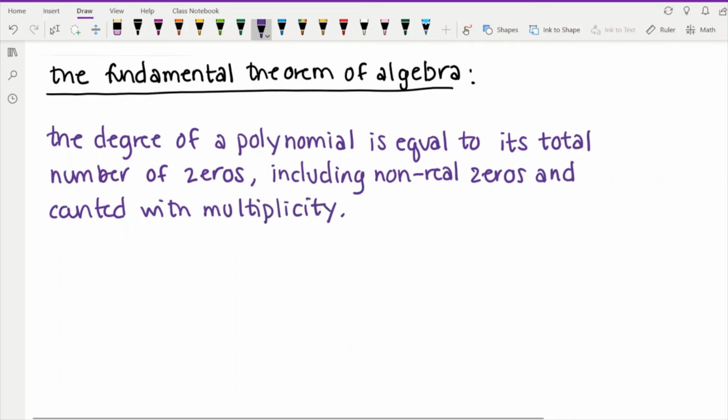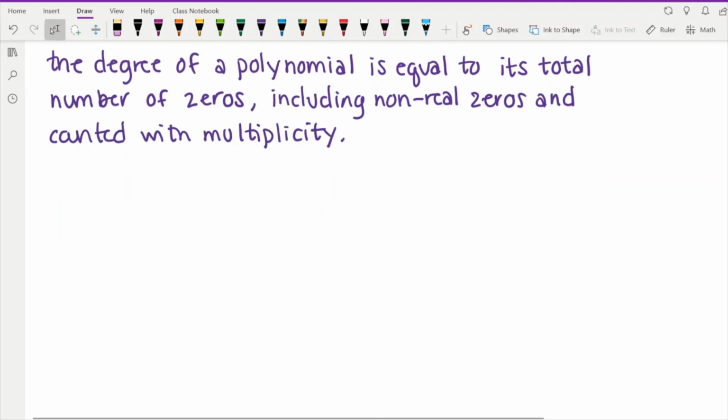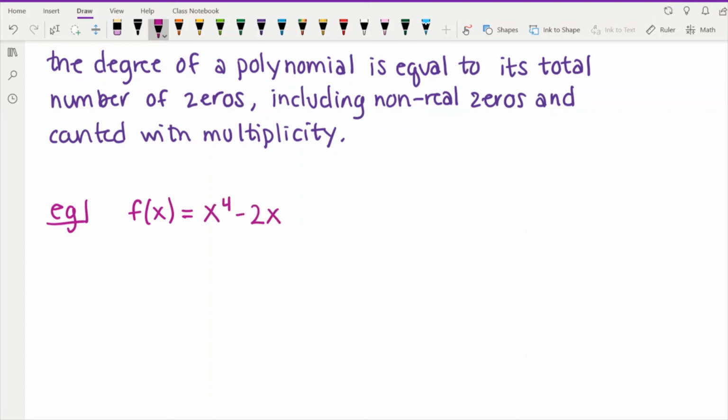Okay, so let's look at the first example that we did in this video. The first example was the polynomial f of x is equal to x to the fourth minus 2x cubed plus 5x squared. We found that the zeros were 0, and that had multiplicity 2.